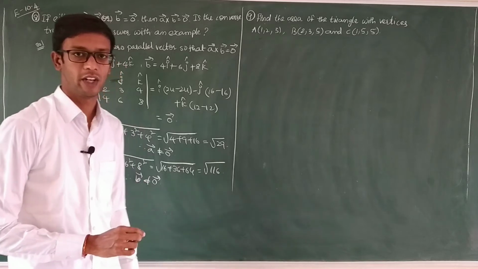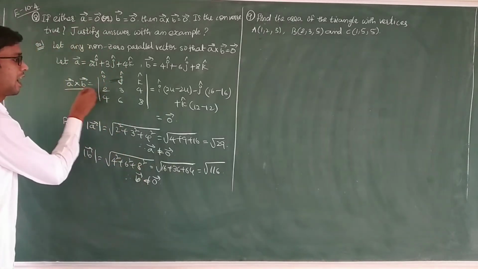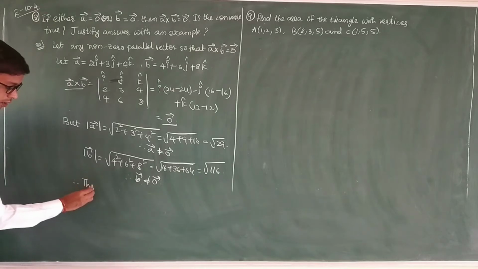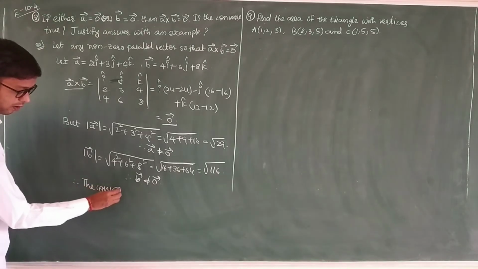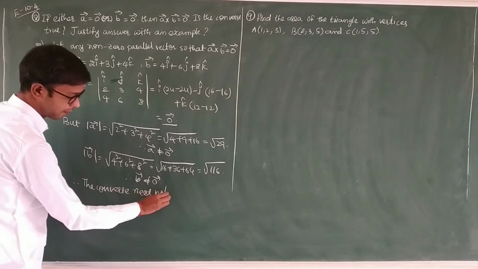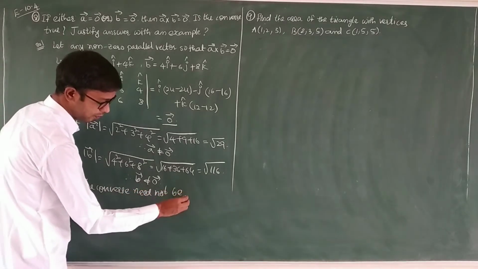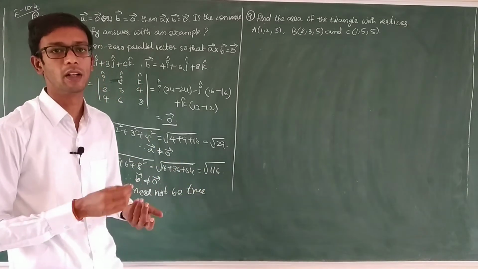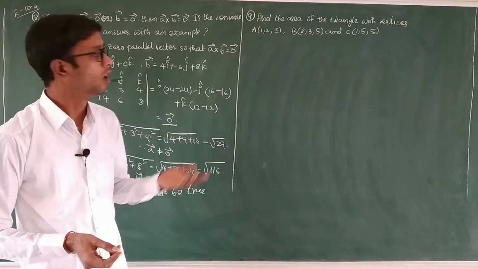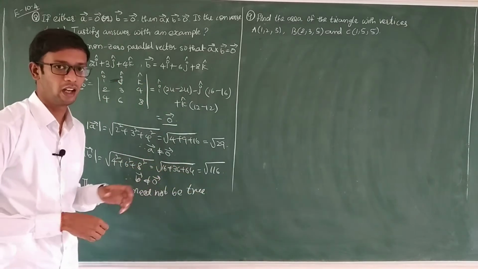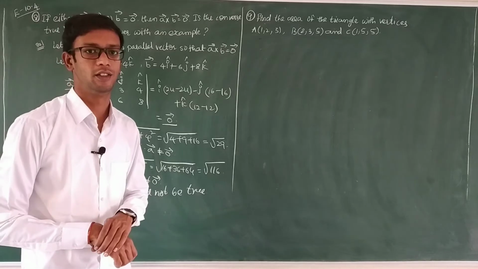A bar is a non-zero vector, B bar is a non-zero vector, but the cross product is a zero vector. Therefore, the converse need not be true. Need not be true means not compulsory. If a vector is 0, the cross product will be the zero vector. Taking non-zero vectors also, the cross product is 0.